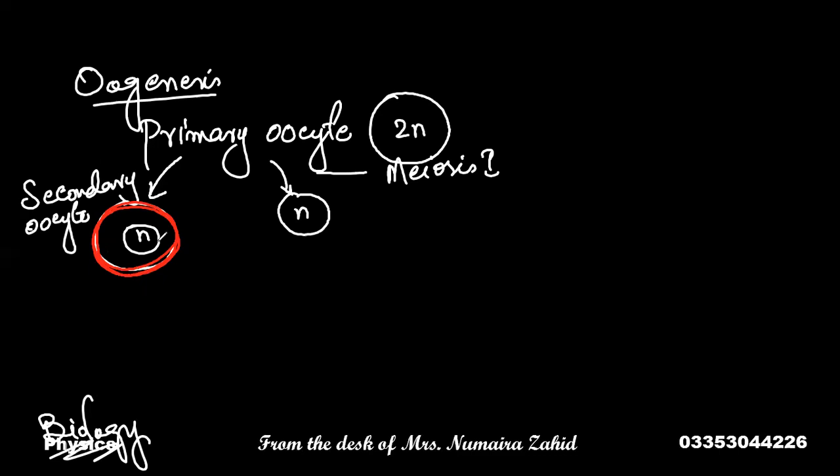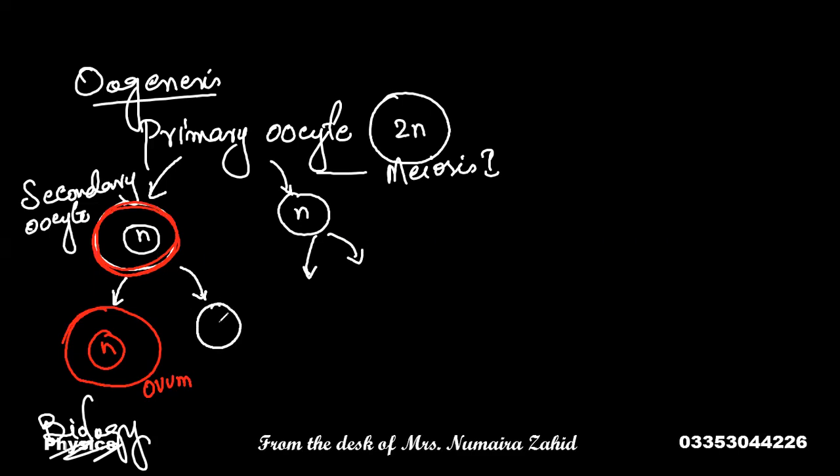Now this secondary oocyte will again develop a large cell which is called the ovum. What happens to this cell? It further divides into 2 cells, and this cell again produces 2 cells.